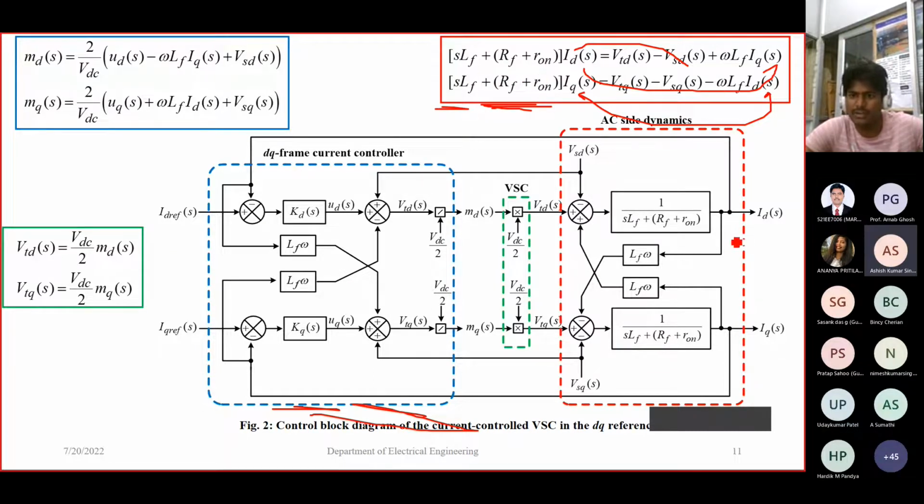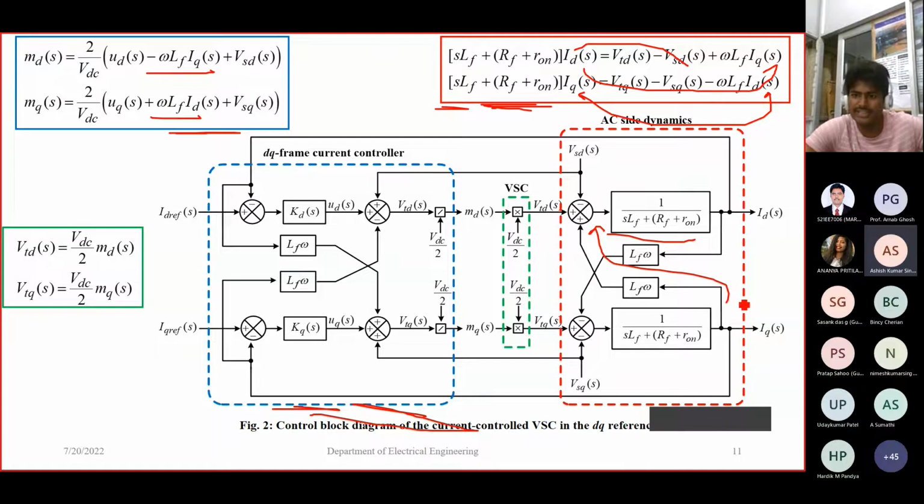Here you can see ID equals this equation, and there is a coupling term, IQ. By using this control law, we are decoupling ID and IQ.